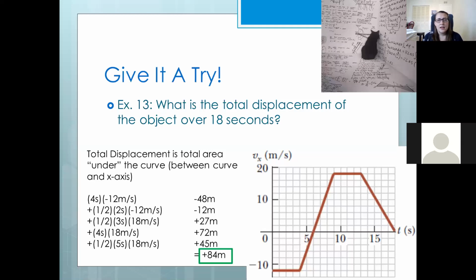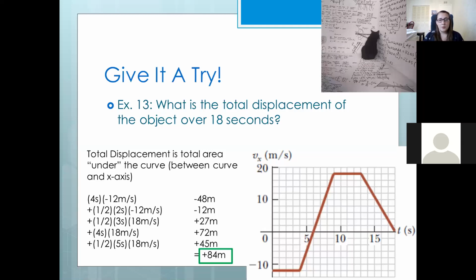So we went through this part of the example, finding the total displacement of the object over this whole time interval of 18 seconds. Remember, when we have a position time graph, we can get to a velocity time graph by taking the derivative, or the slope of the line at each point. But when we're starting with a velocity time graph, to get to the displacement, we take the area under the curve.